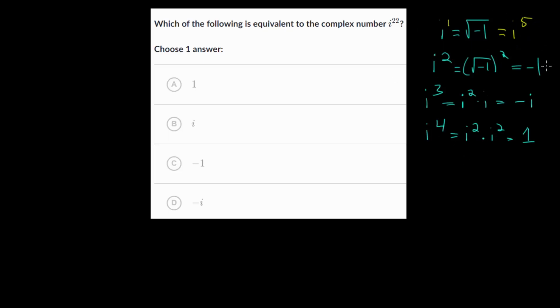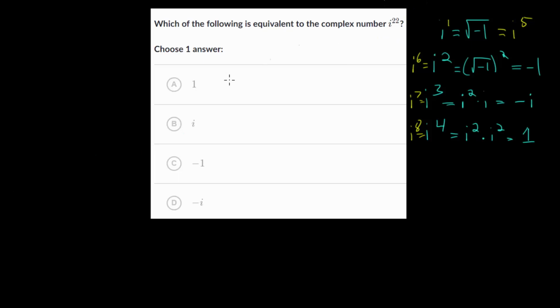So i squared and i to the 6th are the same, i cubed and i to the 7th are the same, and i to the 8th and i to the 4th are the same. And since i to the 4th is the simplest number in the cycle, we tend to use this to evaluate i raised to much higher powers.